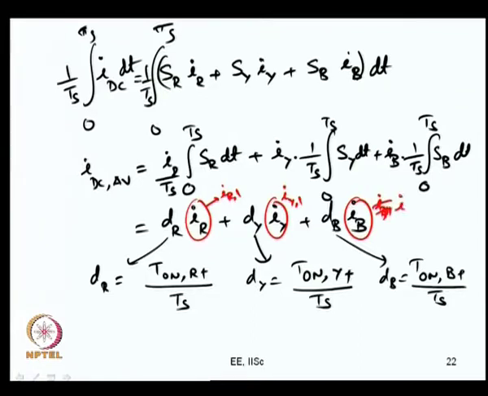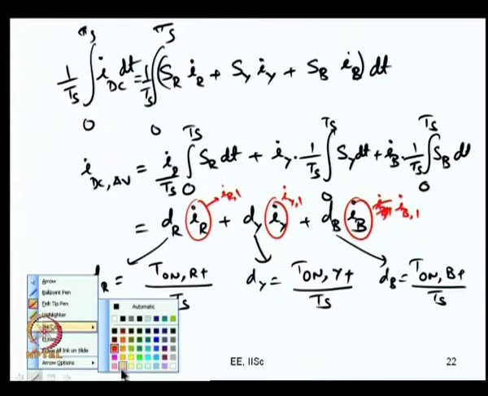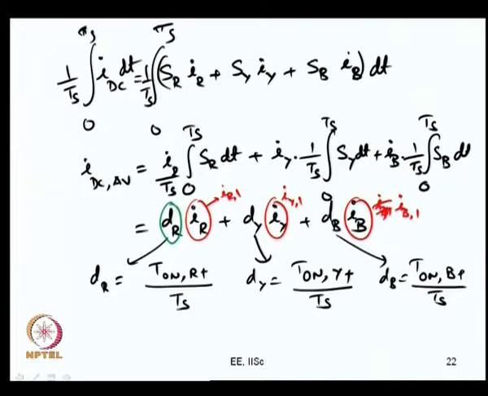And the next thing is you can look at dR, dY and dB. They change with the fundamental angle. How do they change? That depends on the PWM method. If you are talking of sinusoidal PWM, dR, dY, dB change in a sinusoidal fashion. So, you will have some way of writing this up.